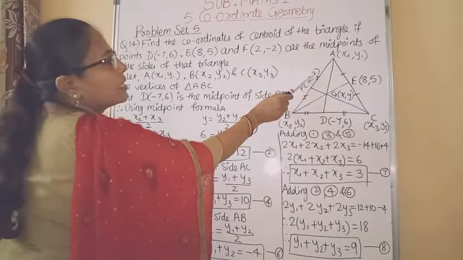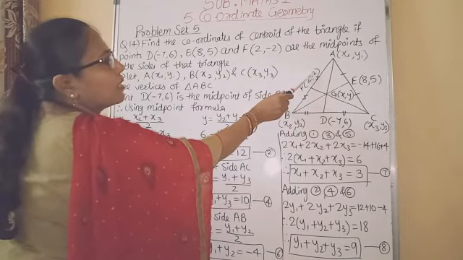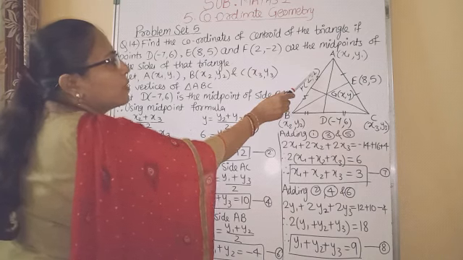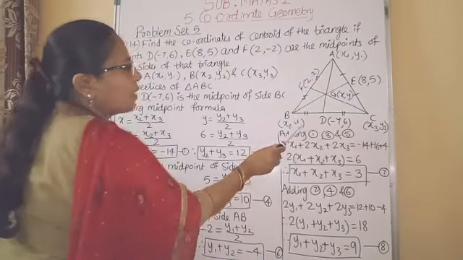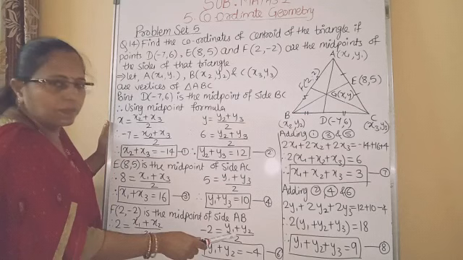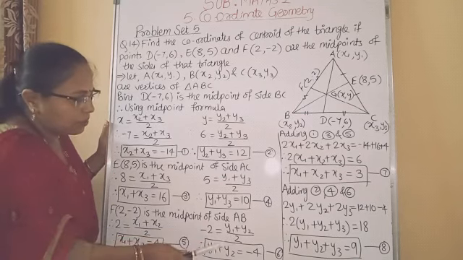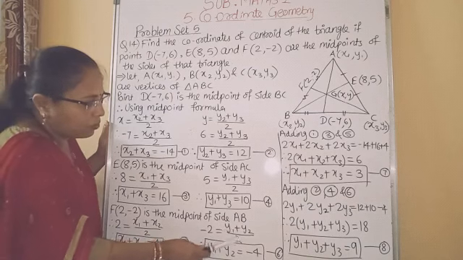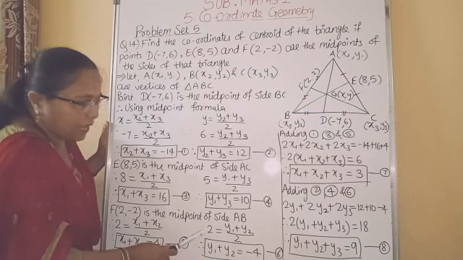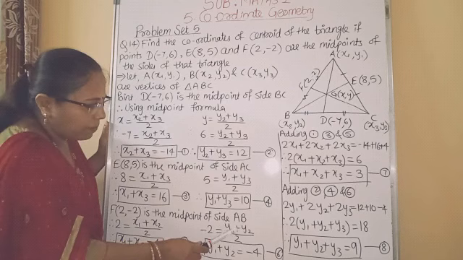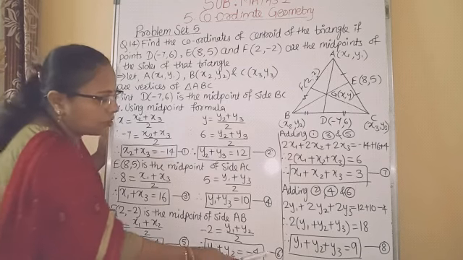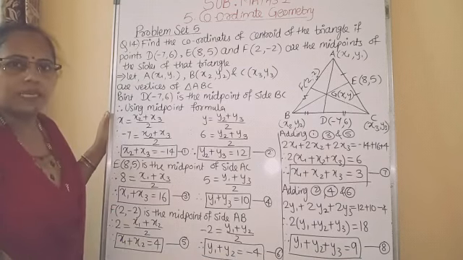Then the y coordinate is -2, so -2 is equal to (y1 plus y2) upon 2. Multiplying, -2 into 2 is -4. So y1 plus y2 is equal to -4. This is equation number 6.